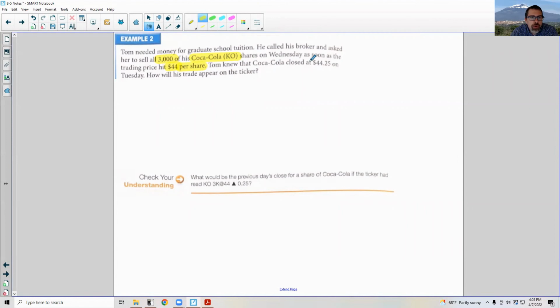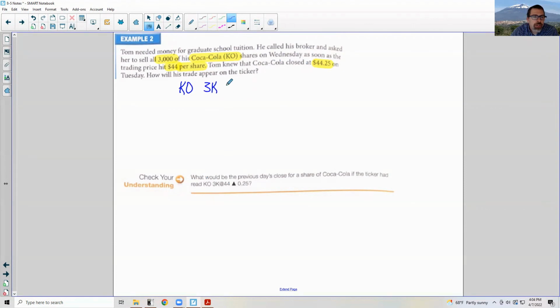Tom knew that Coca-Cola closed at 44.25 on the Tuesday. How will his trade appear on the ticker? So what do tickers look like? Here's a ticker down here. Let's just copy it. Stock ticker symbol comes first, and then the number of shares is 3,000, so that's going to be 3K.